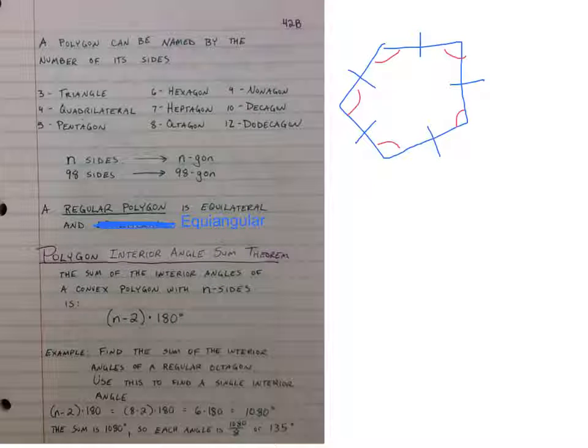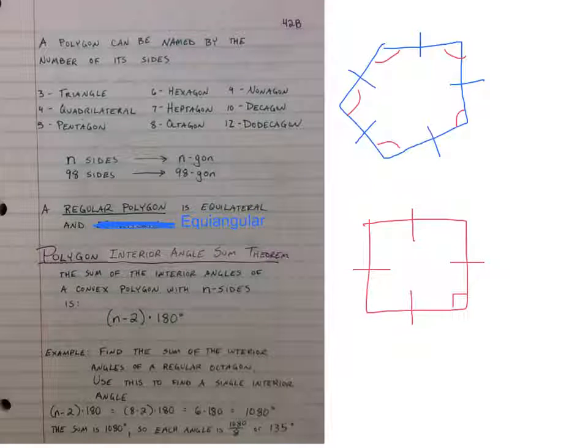So regular polygon. A square is an example of a regular quadrilateral because all 4 sides are the same length and all 4 angles are 90-degree angles. We also have seen the equilateral triangle where all 3 sides are the same and all 3 angles are the same.